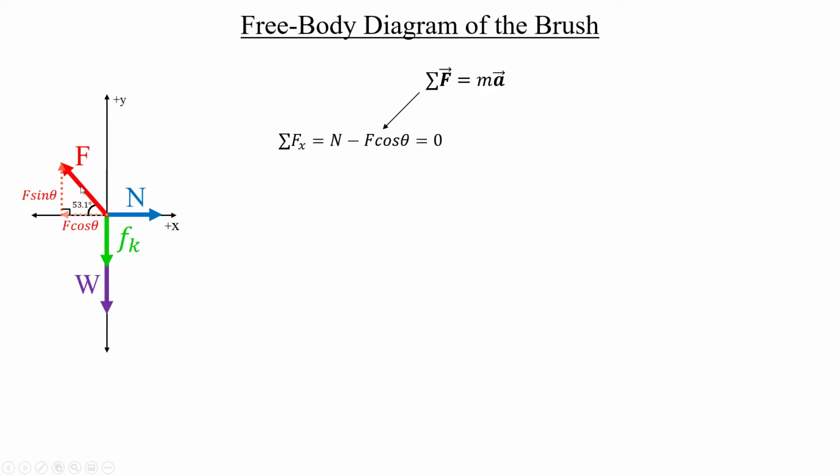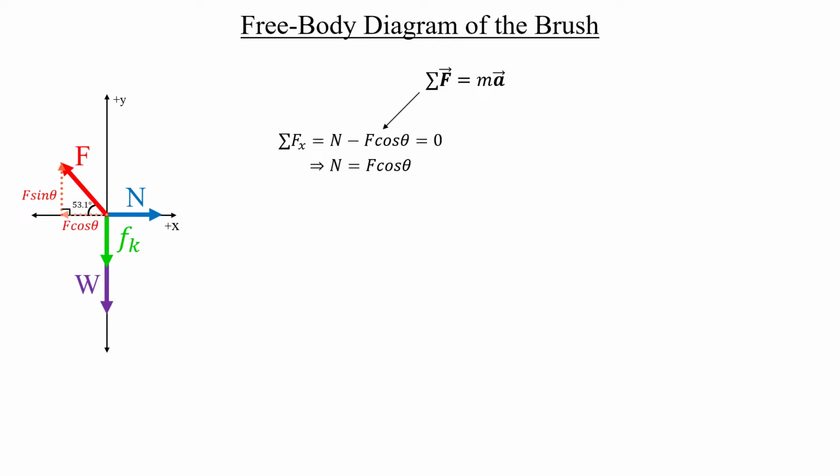And then out of the F vector, the component that points to the left is F cosine theta, so that's negative. The brush is only moving up, so there's no horizontal motion, and the sum of forces has to be equal to 0. There's no net acceleration in the x direction. So we can algebraically move this term over to the other side and conclude that the normal force is equal to F cosine theta.